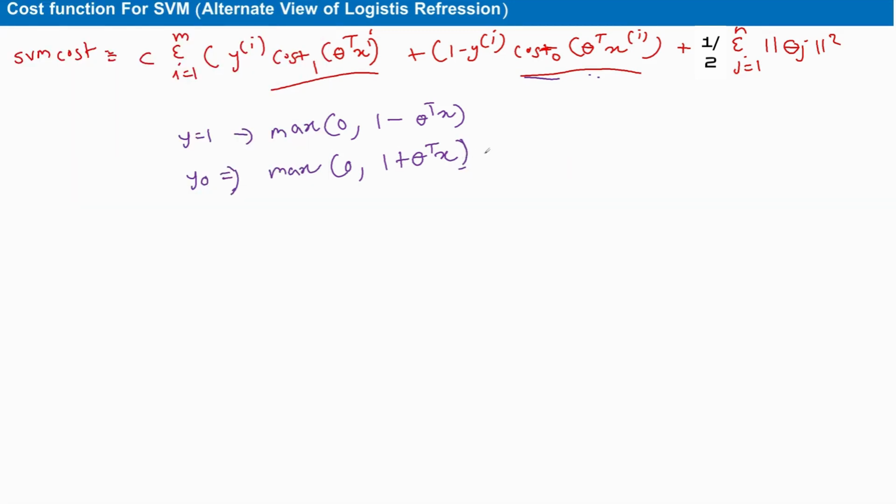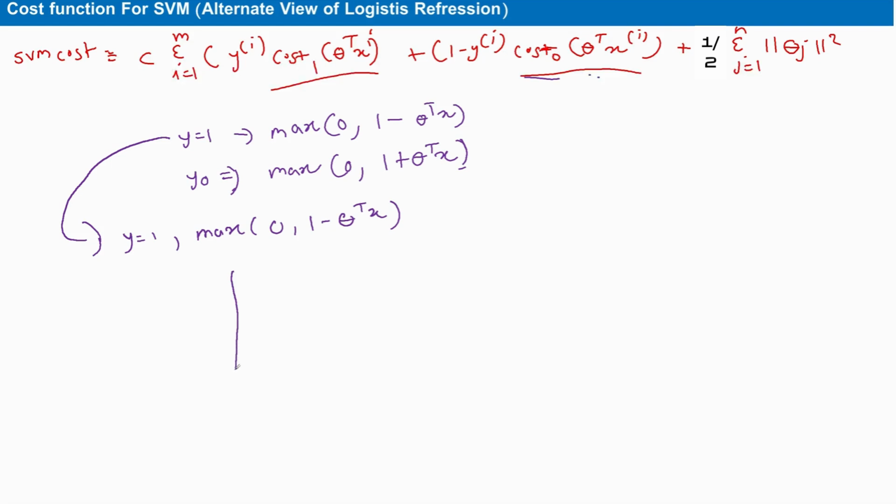Here is the intuition behind it. I will take the first example first. When y is equal to 1, our cost is the max between 0 and 1 minus theta transpose x. When you plot this cost, the cost function will look like this.